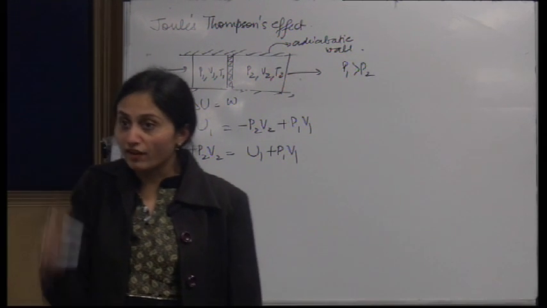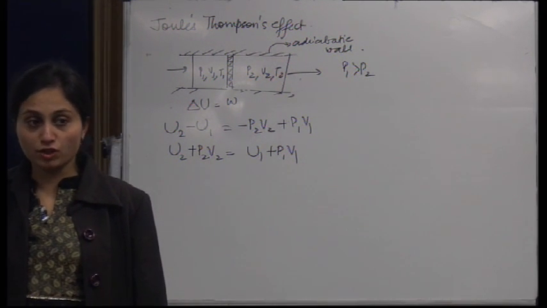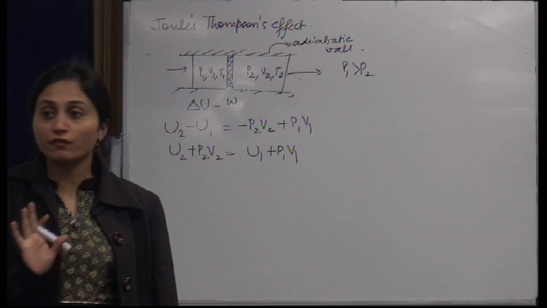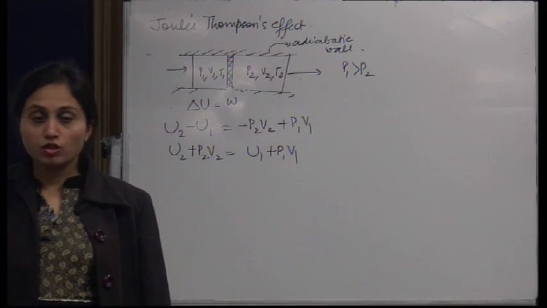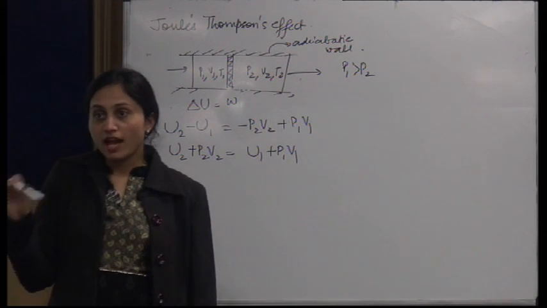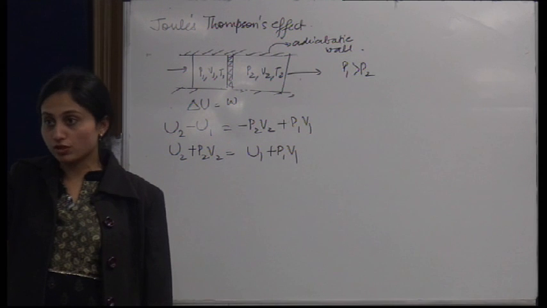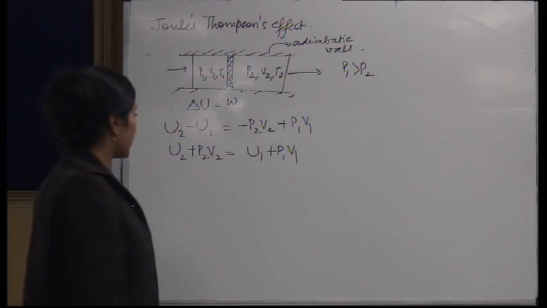So wherever you see that delta U is equal to 0 at constant temperature, it is directly a consequence of Joule's law. The reason will be asked, and it is simply Joule's law. It is because of this that all isothermal processes had delta U equal to 0.